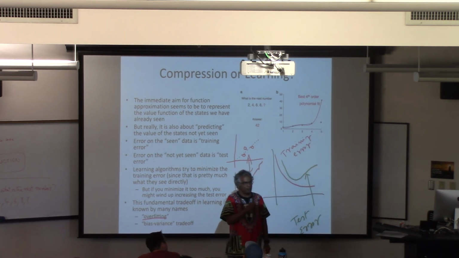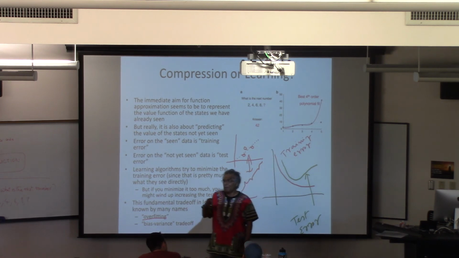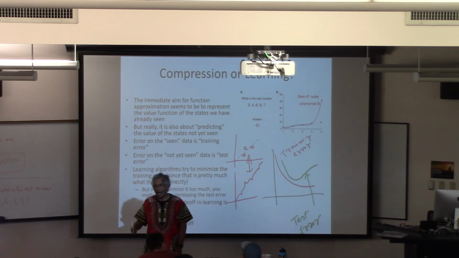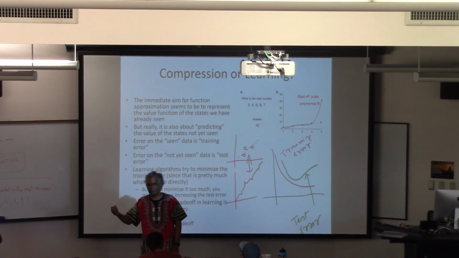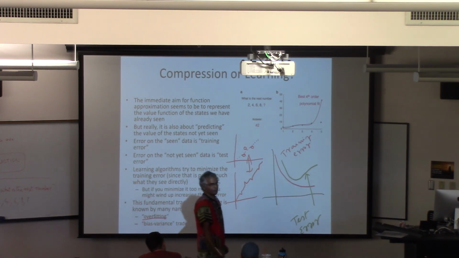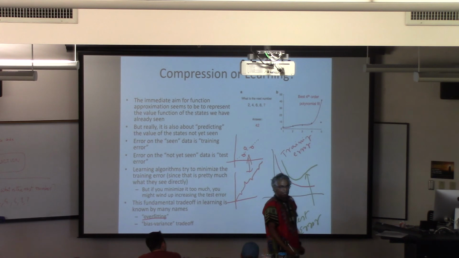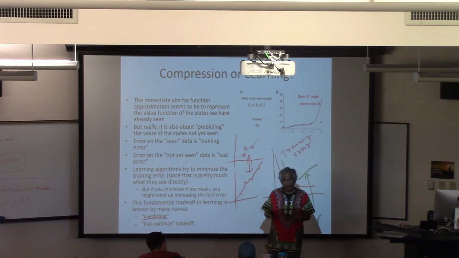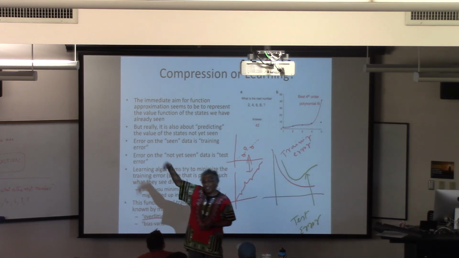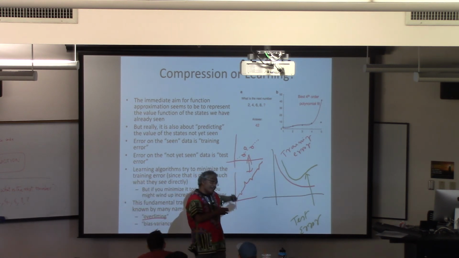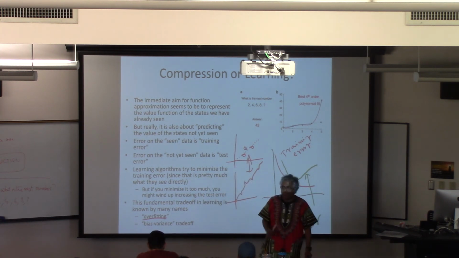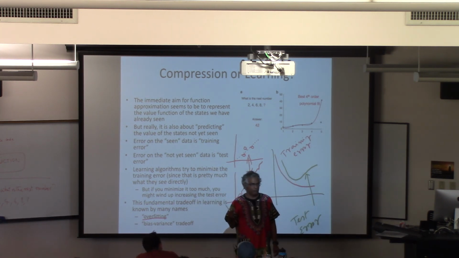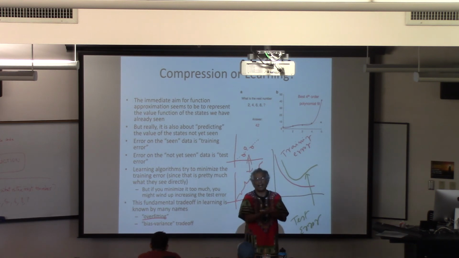A lossless compression makes sure that the function must pass through all the original data points as closely as possible. But if what you're interested in is generalization, and if the data can have noise, then if you try to ensure everybody fits, you might be overfitting. You are fitting your curve to the noise in the data. Part of generalization is to be able to look beyond the noise.